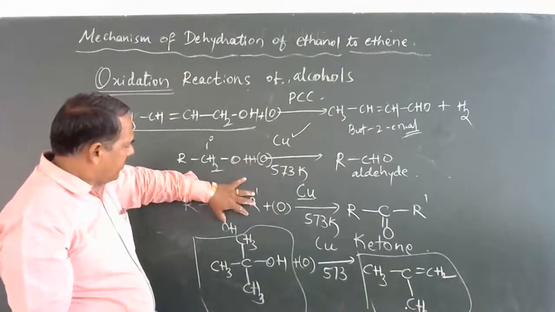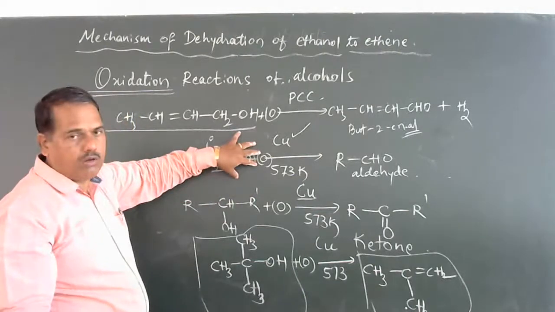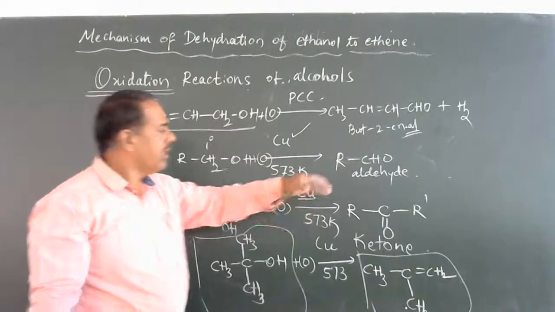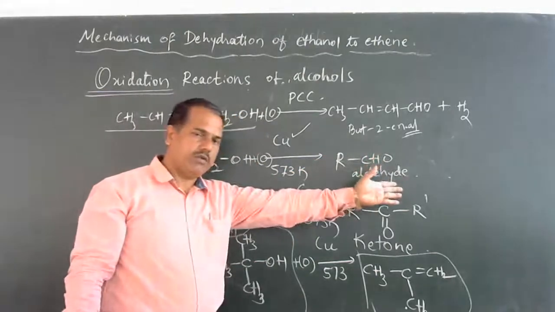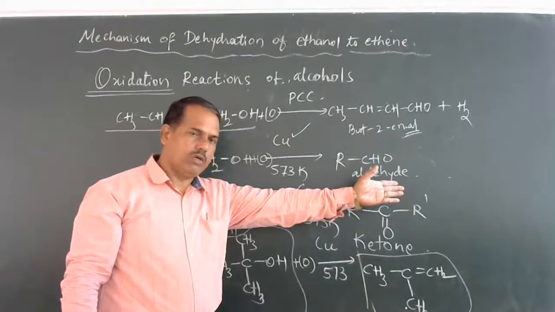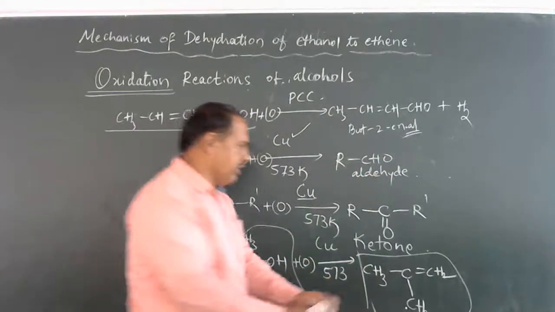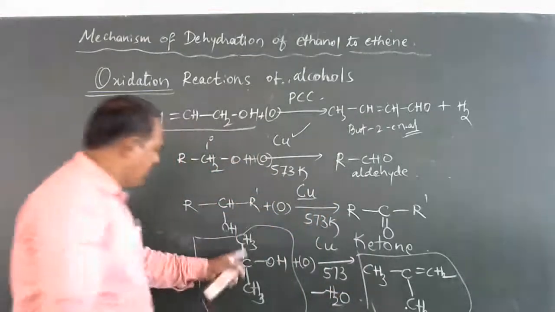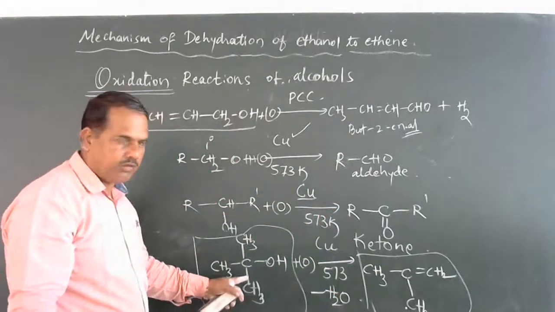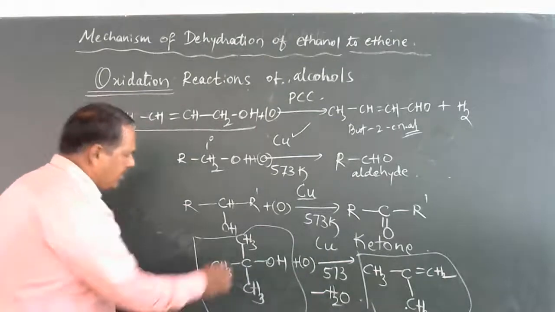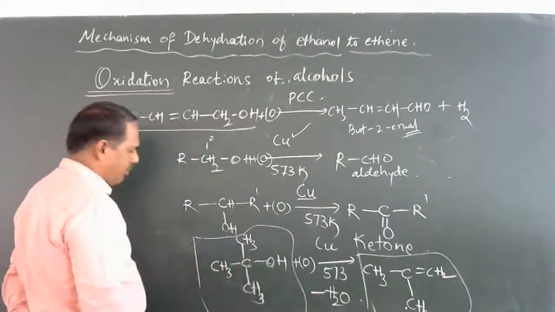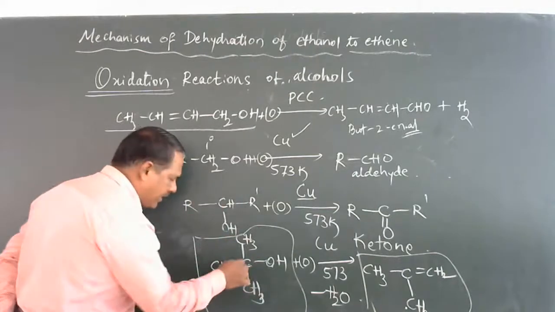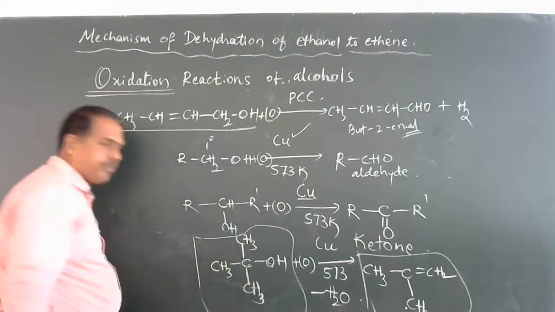But in secondary and primary alcohols, during oxidation, dehydrogenation takes place; a hydrogen molecule is eliminated. You know from the basic class that in a tertiary alcohol, the carbon is not directly attached to a hydrogen.